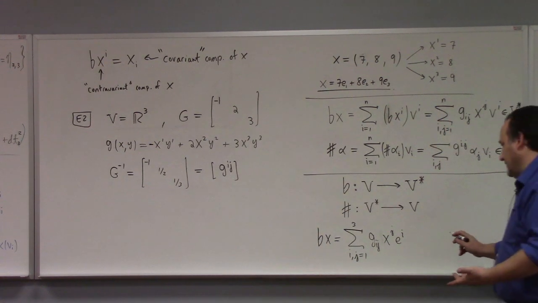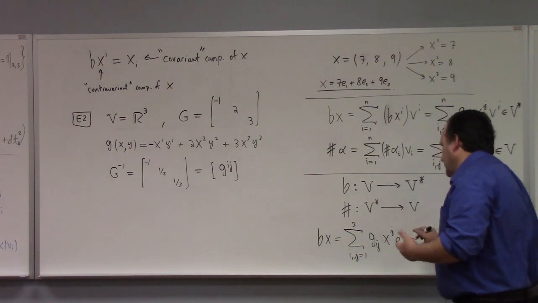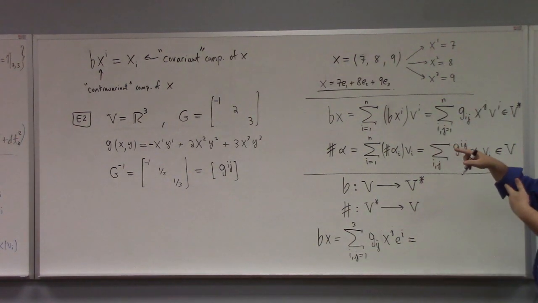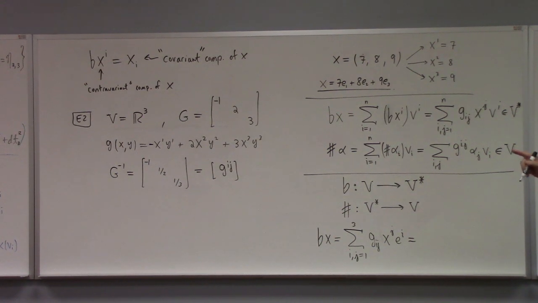In this particular context, Gij is 0 unless I is equal to j. If I is equal to j, it's either -1, 2, or 3, depending on whether you're in the first, second, or third case.